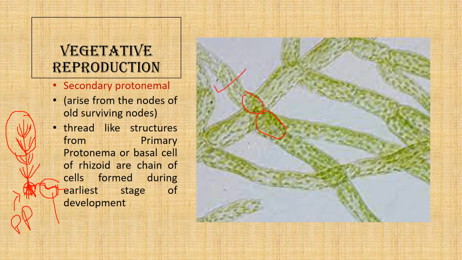This entire structure is called secondary protonema. So secondary protonema looks very much similar to the primary protonema and arises from the basal nodes of the old surviving plant.